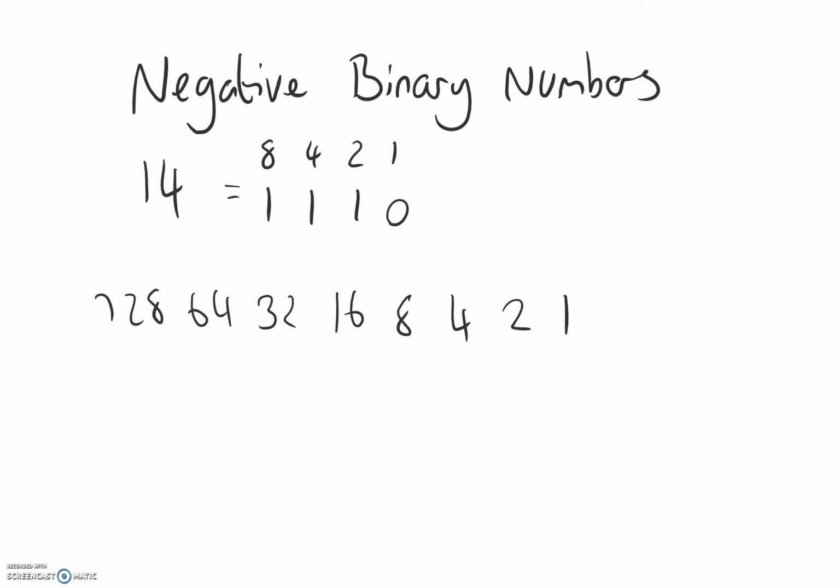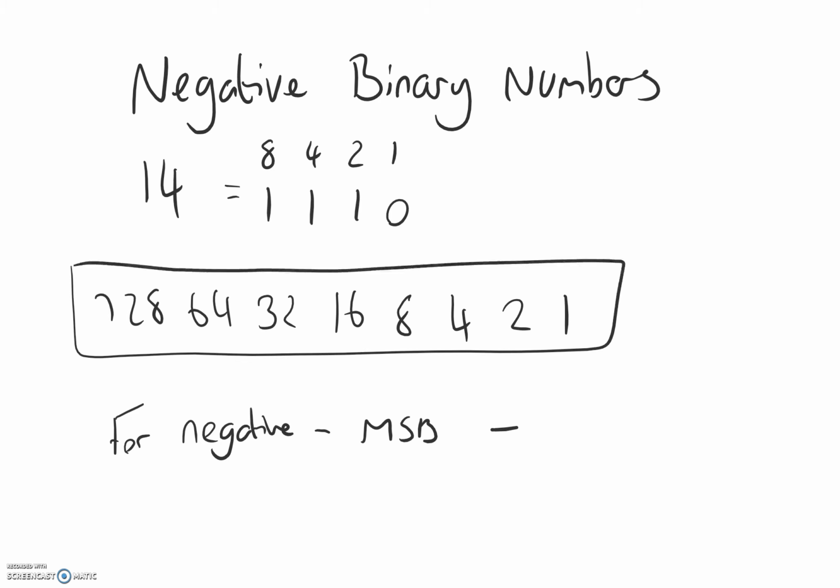So for a negative number, the most significant bit has to be negative itself. So looking at this scale here, the most significant bit is the one on the left hand side, and therefore that 128 becomes minus 128. If we use 4 bits, the most significant bit here is minus 8.